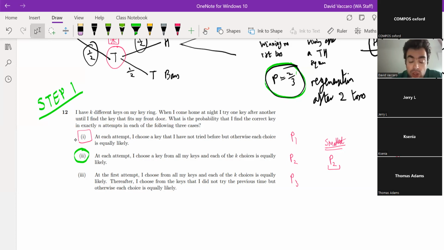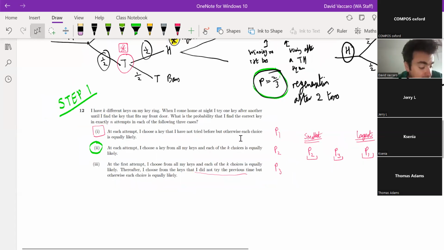So you at least don't use the same key twice in a row. So you've at least got some memory, but your memory is shorter than in P1. So the correct order of size is P2, P3, P1.